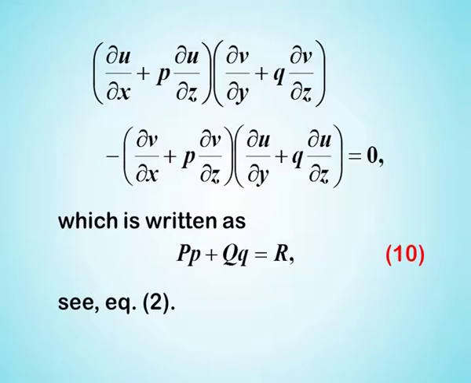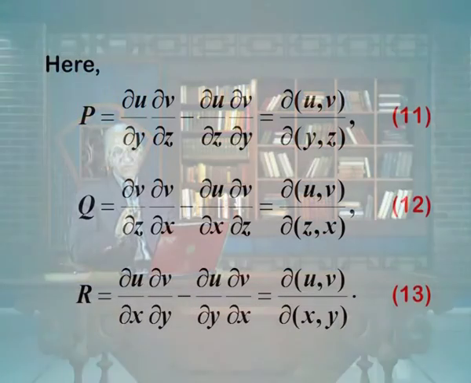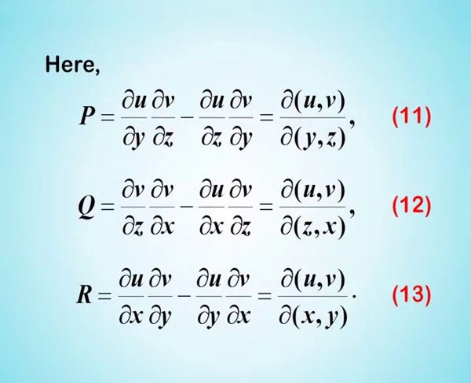In other words, I have given you the whole thing, how Pp plus Qq equals R results into this. P is all these. This is very important to remember in equation 11, same thing in equation 12, the same thing in equation 13.